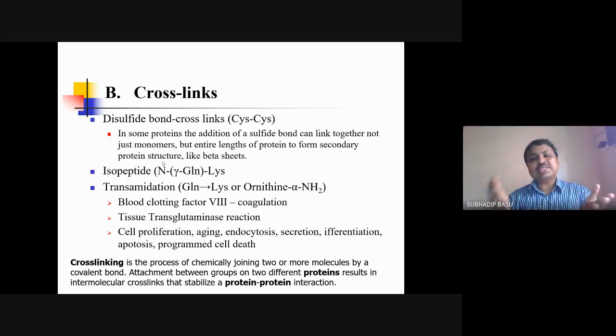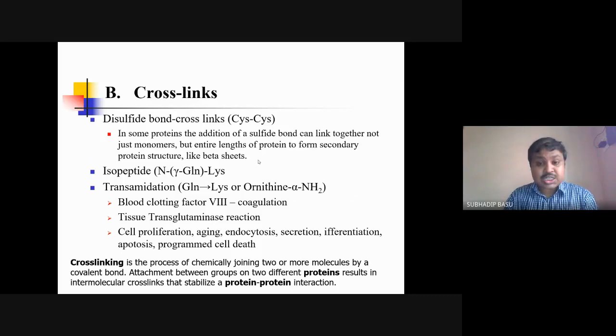either within the same protein, where they can form specific structures, like for example, in cysteine, where a disulfide bond can link together not just monomers but entire lengths of proteins to form secondary protein structures like beta sheets. Some modifications can also initiate a change in the structure.